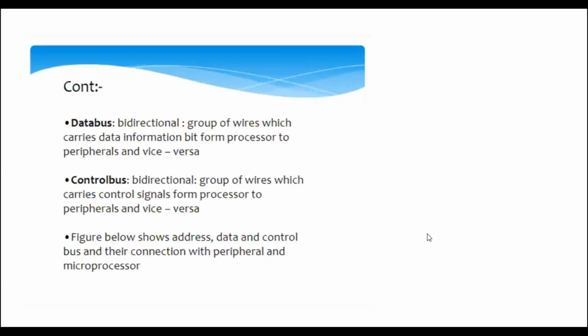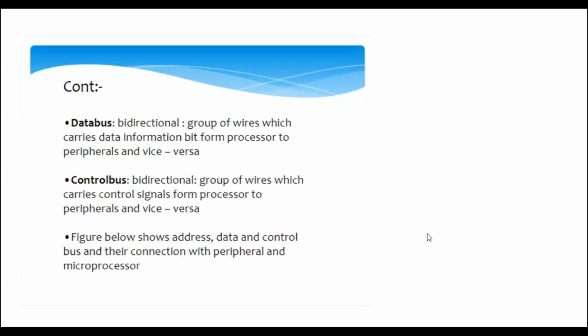The data bus is a bidirectional group of wires which carries data information bits from the processor to peripherals and vice versa. Whereas the control bus is a bidirectional group of wires which carries control signals from the processor to peripherals and vice versa.